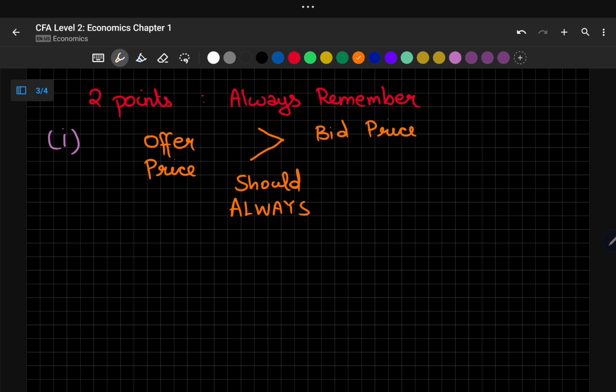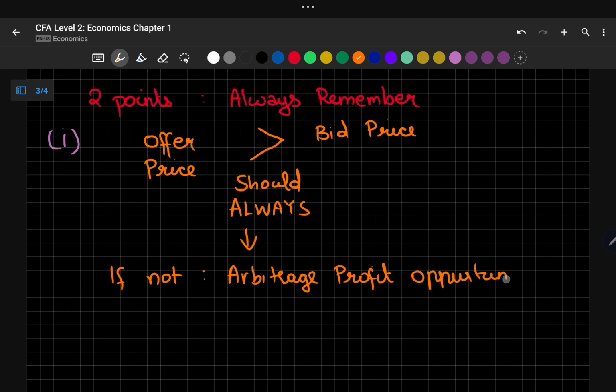Offer price should always be greater than bid price. If not, it will create an arbitrage profit opportunity.